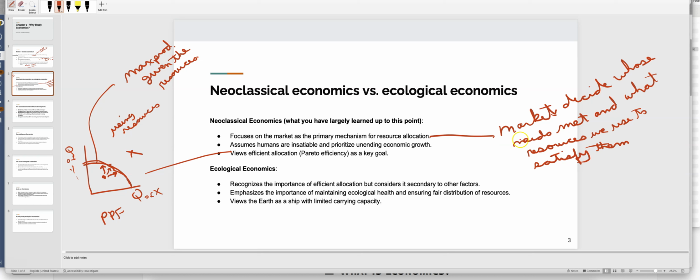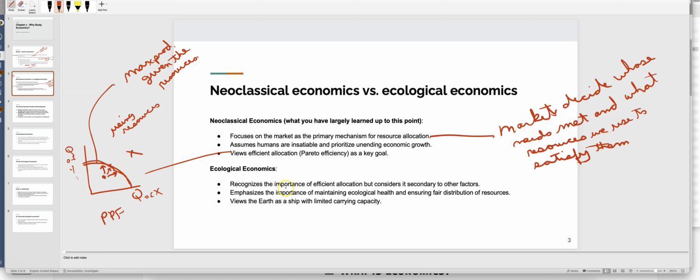Where we now deviate from this in ecological economics is, what is the alternative to that understanding that I just gave you here? The alternative is that we don't just look at the goal being on this frontier, being Pareto efficient.